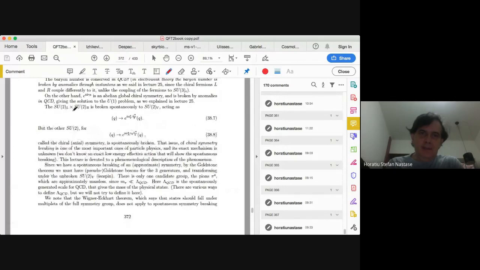So the SU2 left or SU2 right is spontaneously broken only to the vector part with i alpha V tau A over 2. The axial vector part, on the other hand, the chiral part with e to the i alpha A tau gamma 5 tau A over 2, is spontaneously broken.